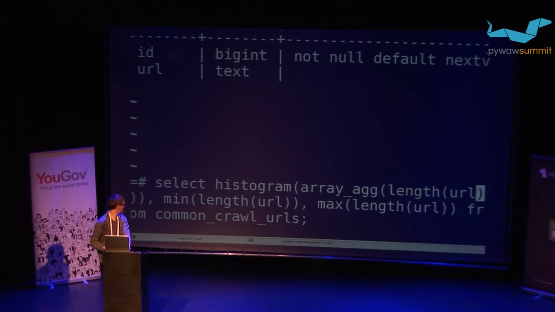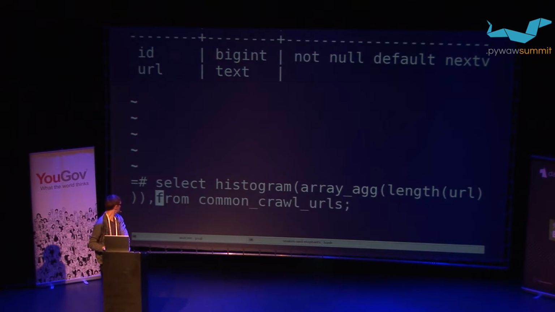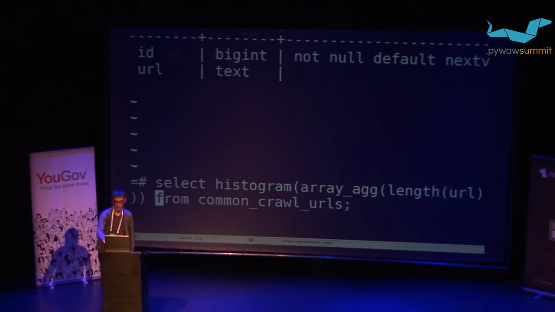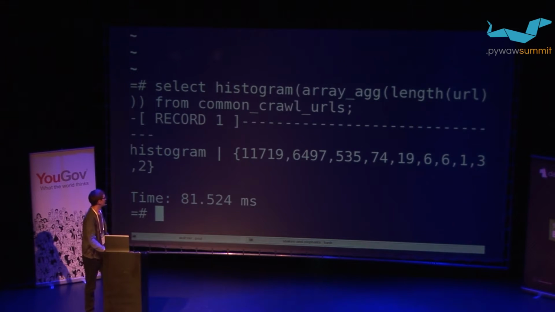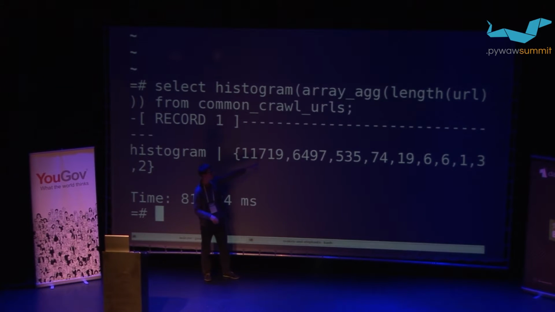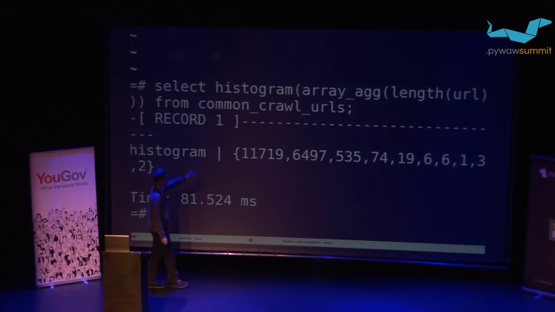Just to make it clearer, I'm going to get rid of those, and you'll be able to see what's going on more easily, right? So we're getting an array of the lengths and getting a histogram, and effectively, we have a histogram. This is NumPy that calculated stuff for us. This could have been whatever matrix transformations you want to do in NumPy. We just calculated this inside of Postgres. We know that the first bin has almost all the URLs. I think it's your normal power law thing.